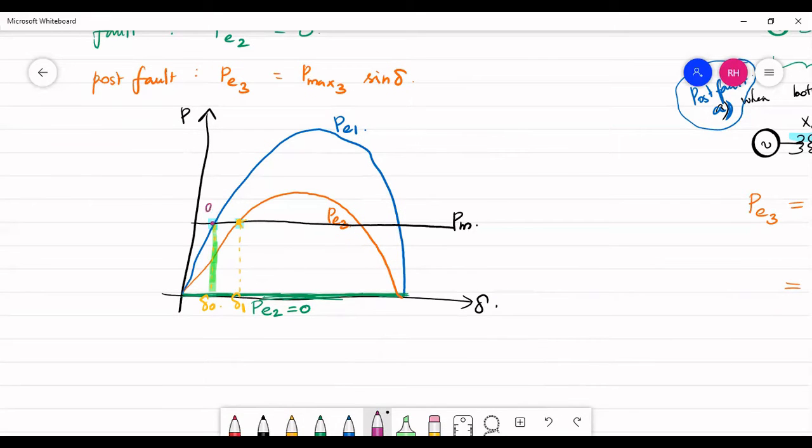The initial operating point is at point A. So point A falls to point B, and at point B, PE is equal to P2, which is equal to 0, and hence Pa is equal to Pm, that is, the accelerating power is positive, and hence your rotor accelerates.